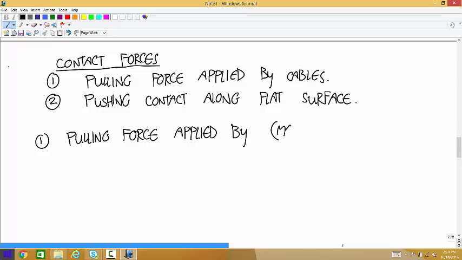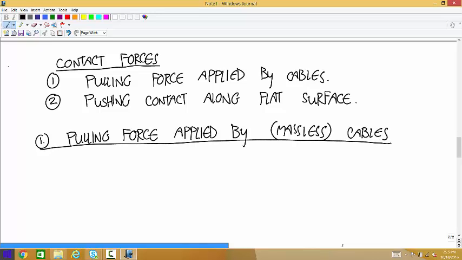And we're going to assume that these cables are massless. Obviously, no cables are really massless, but often their masses are pretty small compared to the other forces you're dealing with, and so you get good results with this assumption.